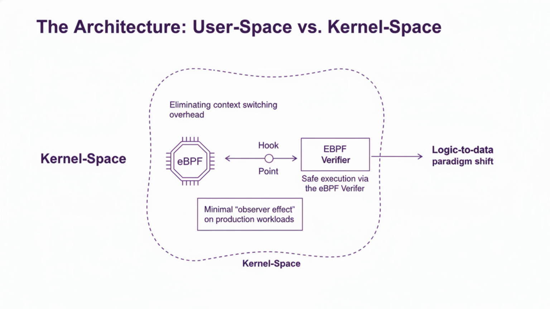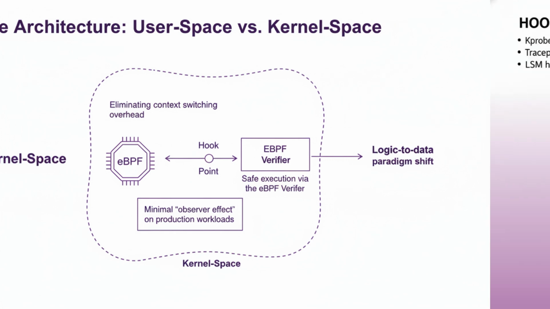This eliminates the observer effect, where the act of monitoring significantly degrades system performance. We operate in a safe, verified sandbox, where the verifier ensures no infinite loops or memory violations occur, maintaining 99.99% uptime requirements, even while performing deep introspection of system calls and network packets.